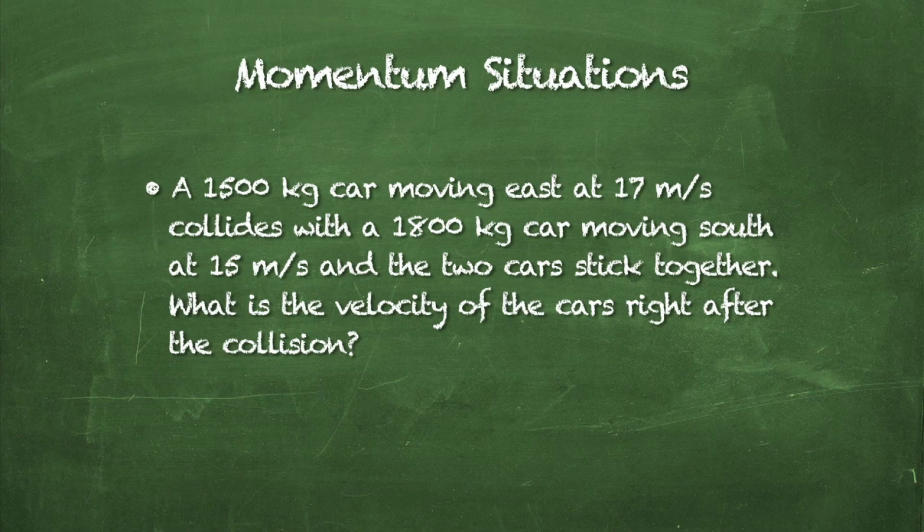So we have two objects coming together from different directions, sticking together, and so they become one object, and we want to know what is their velocity right after the collision. Use your conservation of momentum ideas and answer this question, please.